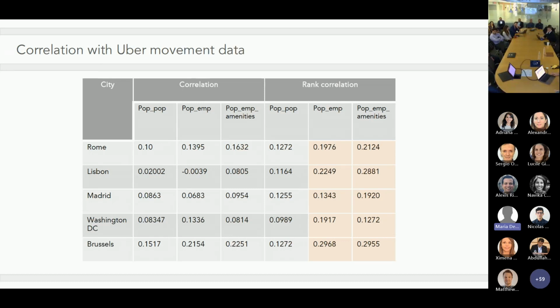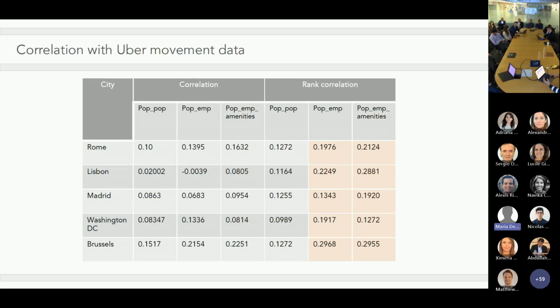And in a third step, we add amenities information as well, so these could be restaurants, hotels, and so on. Across the board, for all the cities that we have, we get correlation between 0.2 and 0.3 for the population, employment, and amenities data, which already looks good.